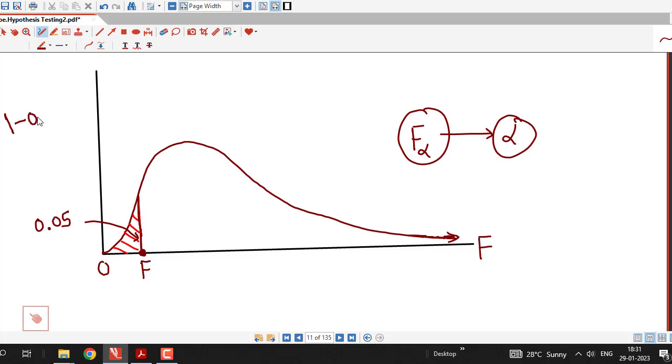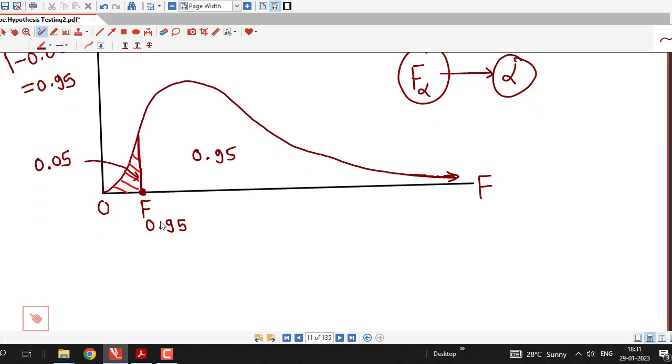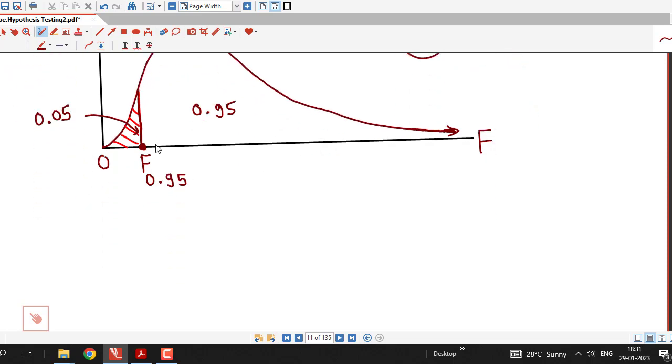So we have 1 minus 0.05, that is 0.95 area on the right side of this point. So this point will be denoted by F suffix 0.95.